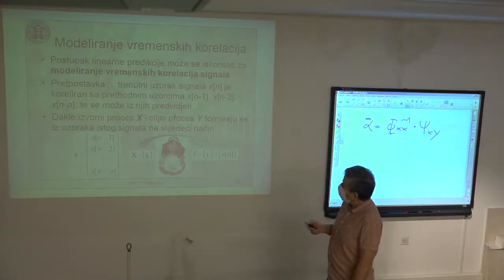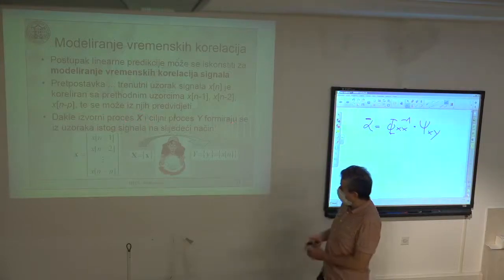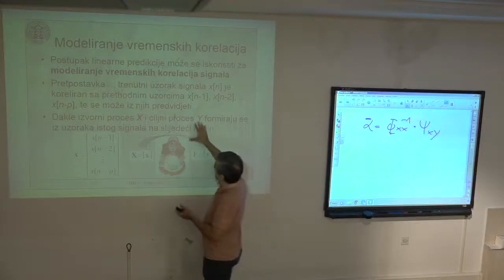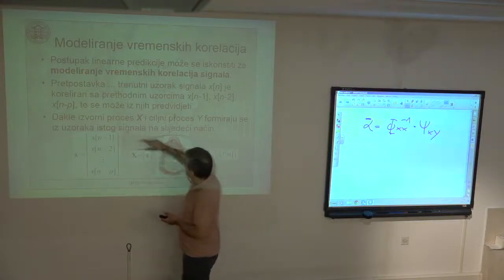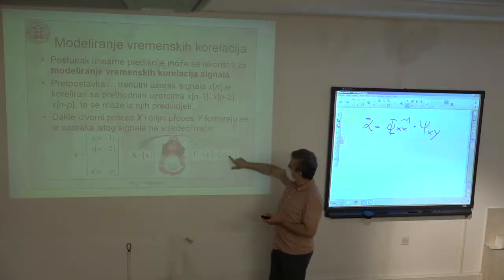Okay? So the idea is that the source process and the target process are formed in this way, from the same time sequence of signal. So I have a time series. The target is what? It is the current sample. The target is x of n.